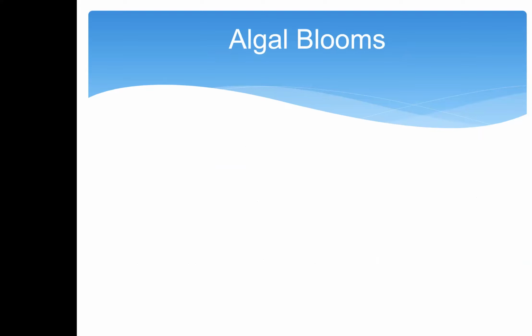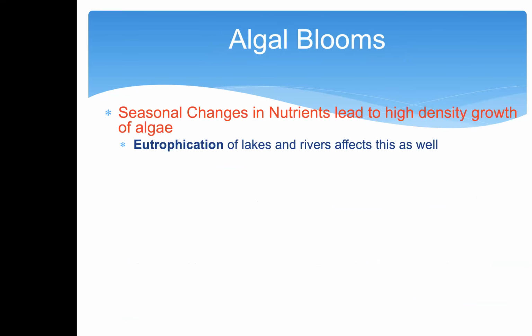All right. So algal blooms. We've talked about eutrophication and nutrients that lead to the proliferation of algae, especially eukaryotic algae that form blooms, like dinoflagellates that we've talked about. But you can definitely have blooms of things like cyanobacteria.